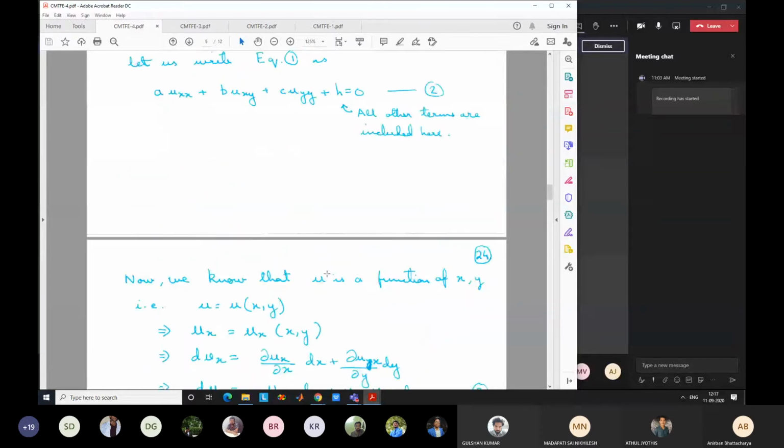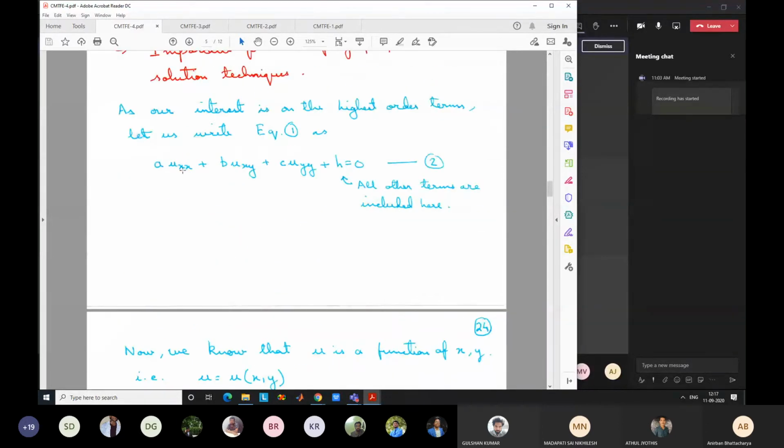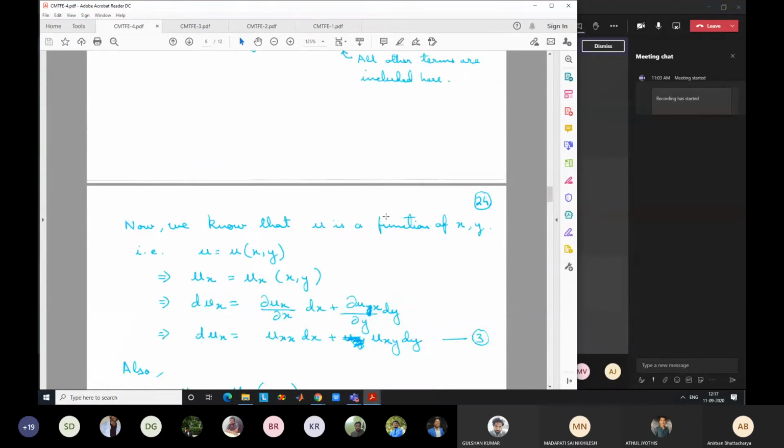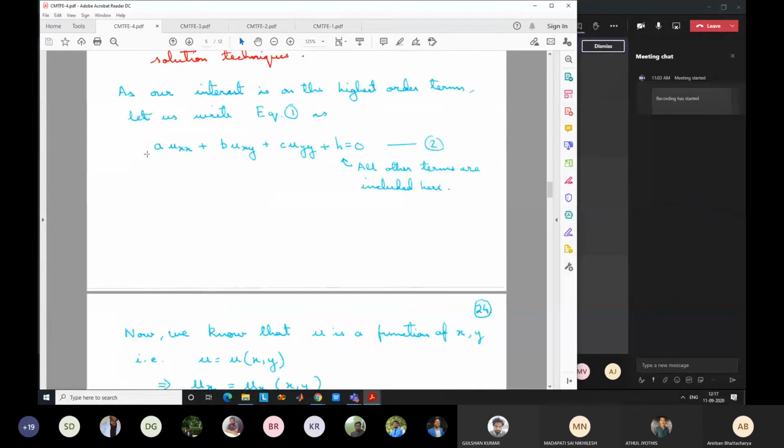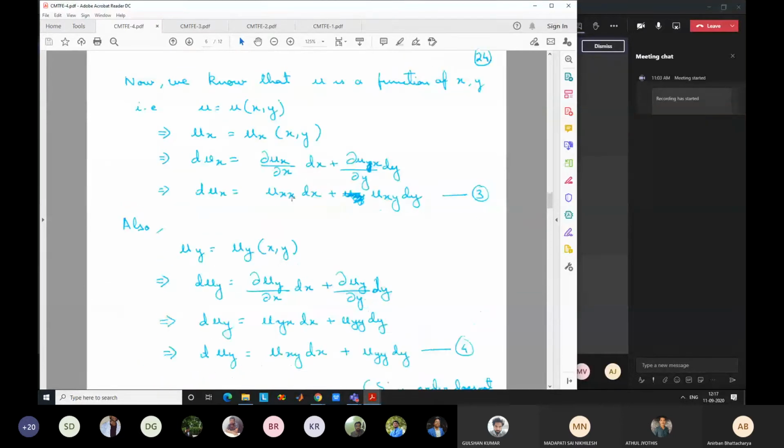So we have three equations now: a uxx plus b uxy plus c uyy plus h equal to 0. One equation comprises these terms uxx, uxy, and uyy. These are our three variables, and then there are some coefficients.